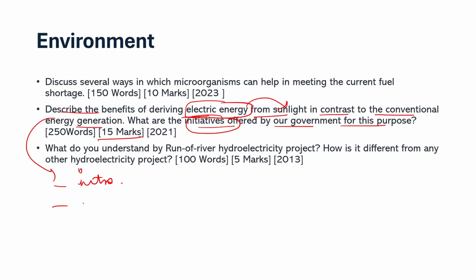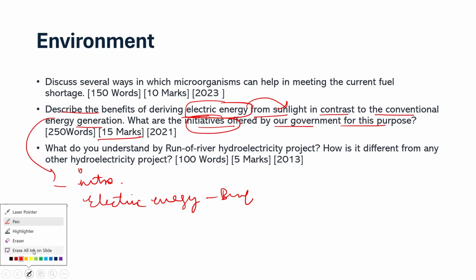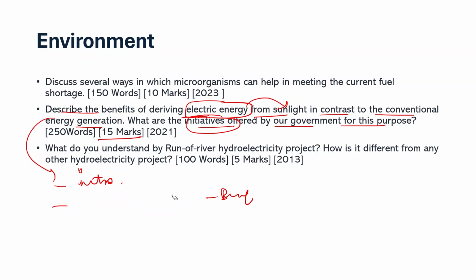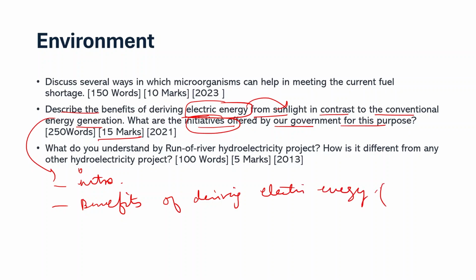first you write about electric energy benefits, or you can rephrase it as something like benefits of deriving electric energy from sunlight, right?